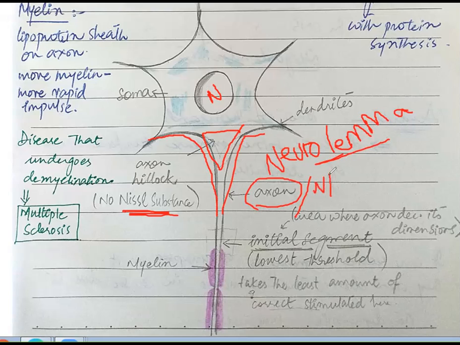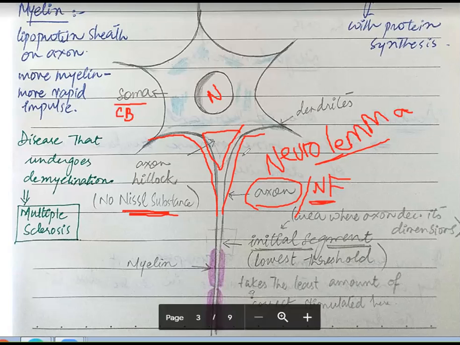They can use the word nerve fiber in MCQs in replacement of axon, so you should know what they're talking about. Nerve fiber means the axon of neuron. And soma can be used in replacement of cell body. Soma is basically a Latin word for cell. So please remember these little terminologies where students make mistakes.